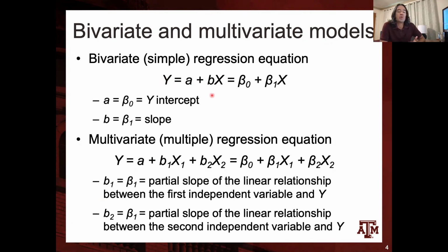The notation that we're going to use more here is going to be with the betas. So beta 0 is the intercept, our A, and beta 1 is the slope, right? The intercept is going to be the value of y when x equals 0. X equals 0 times beta 1 is 0, so y equals beta 0.